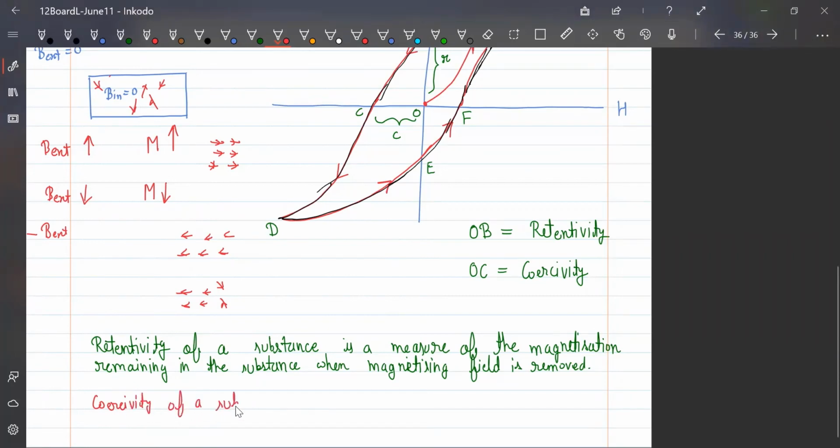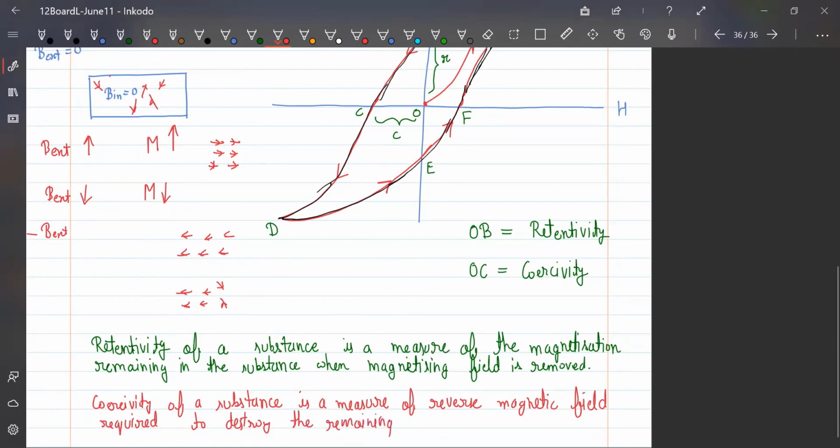The coercivity of a substance is a measure of the reverse magnetizing field required to destroy the remaining magnetization of the substance.